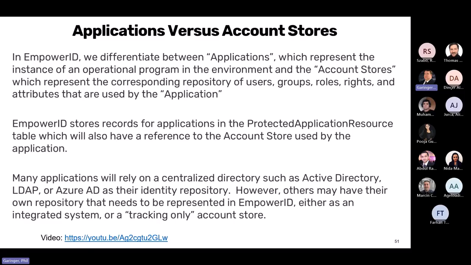You could have an application that uses EmpowerID as its repository for identities and group objects and things like that, or it could use Active Directory, or it could have its own repository.